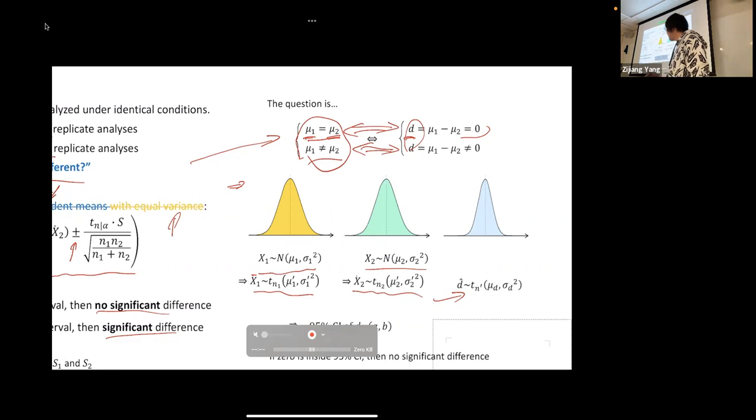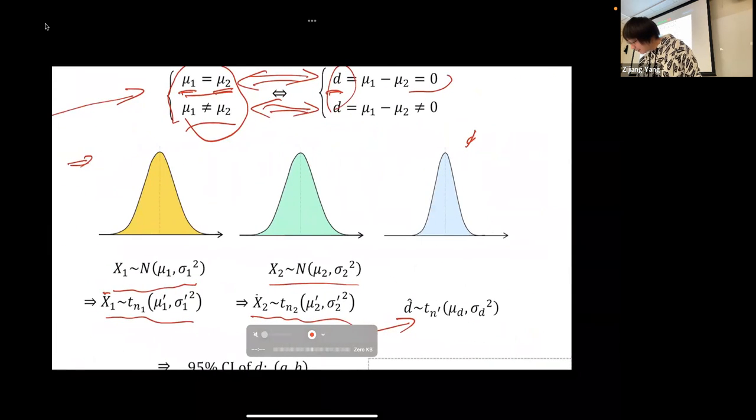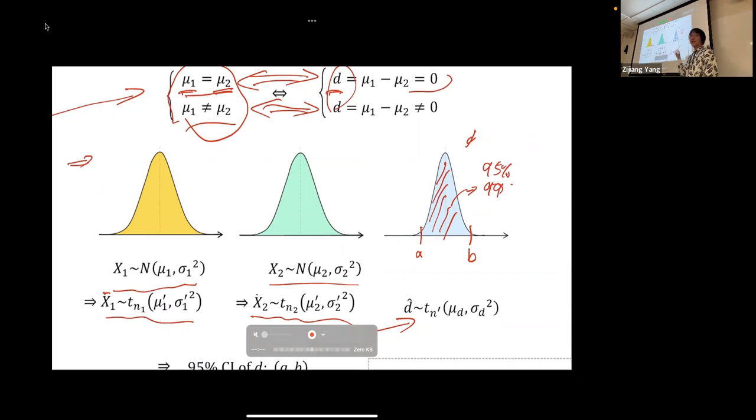Based on the distribution of this d, we can construct a confidence interval, where this is A and this is B, and between A and B is 95% of the area. If 0 is inside this area, we can say D equals 0.